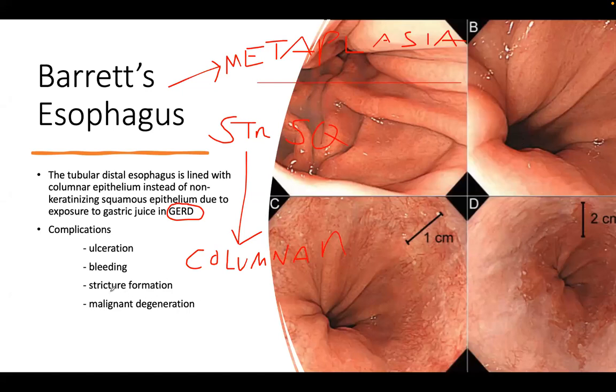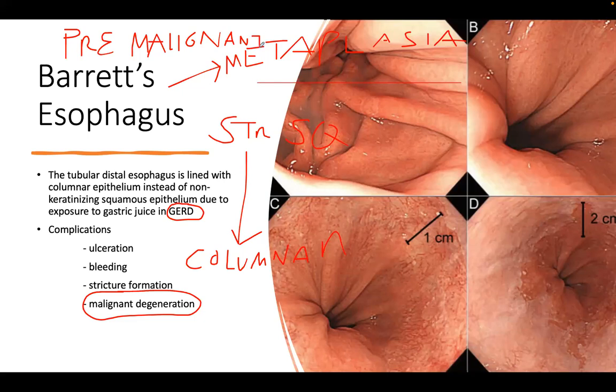Okay, the best answer is malignant degeneration. Why? Barrett's esophagus is pre-malignant. What is the significance of knowing a pre-malignant condition? It is prevention. If you prevent Barrett's esophagus, you are going to prevent esophageal cancer. That is why malignant degeneration is the most important there.